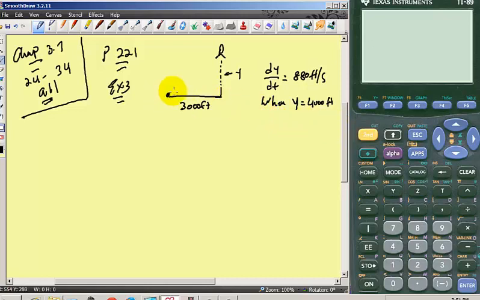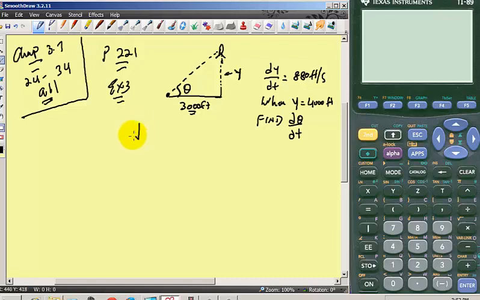So this is my camera elevation angle right there. I'll call that theta. So they want me to find the change in the angle with respect to time. Right now it deals with this angle, this opposite side, and the adjacent side.